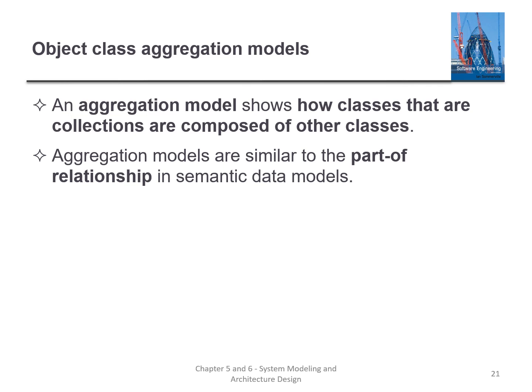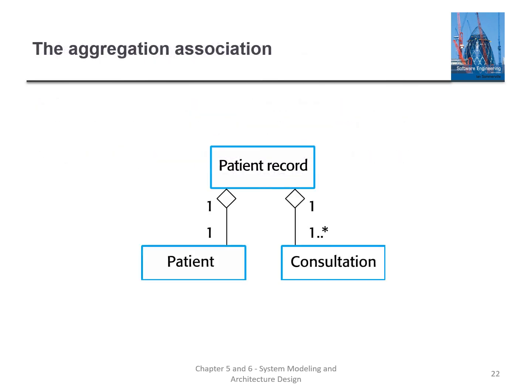We want to see how a class is composed of another class, and sometimes it is called a part-of relationship. I hope that you have seen this before, but maybe for those who have not taken system analysis and design, this is new to you.